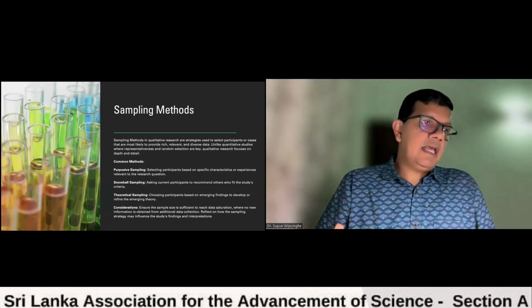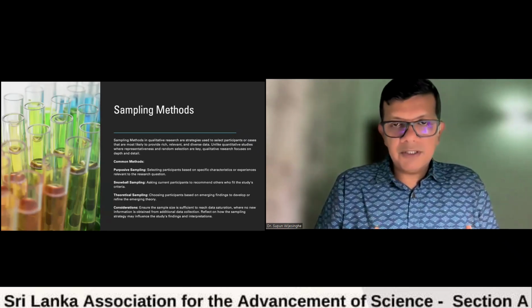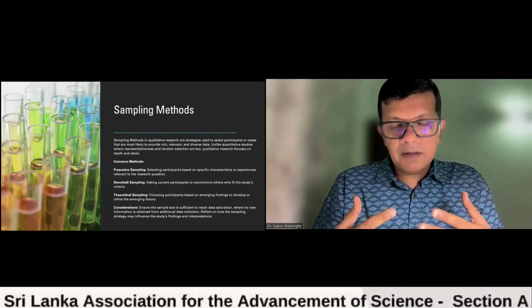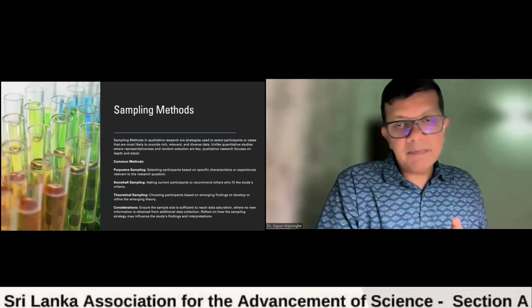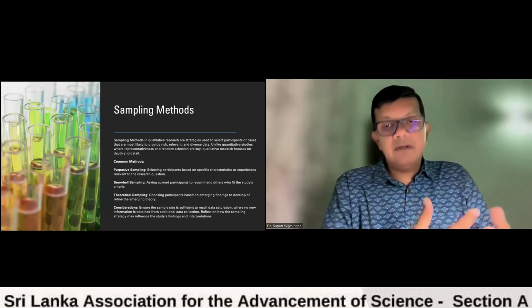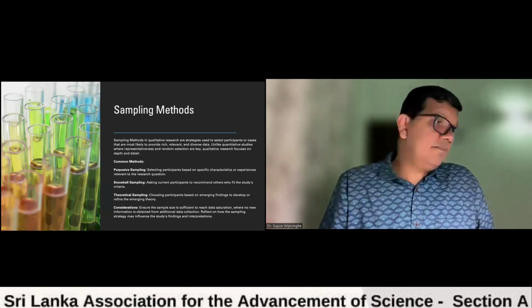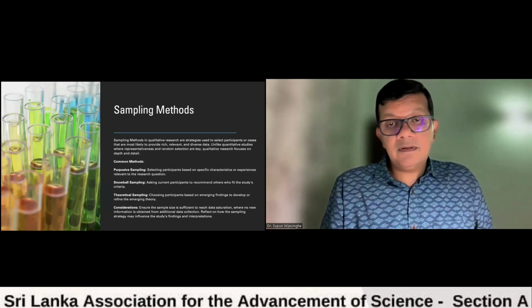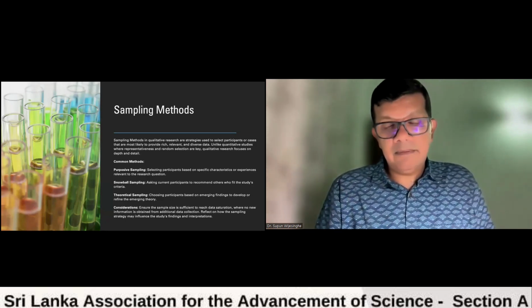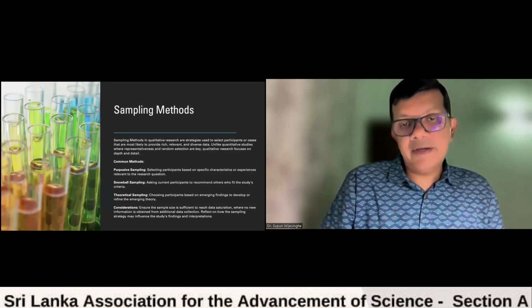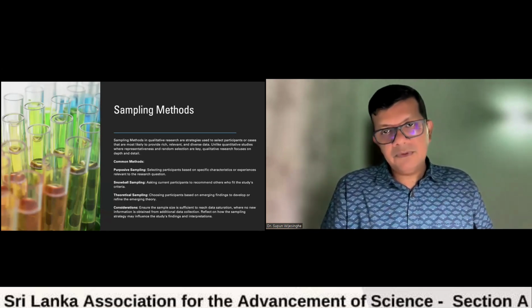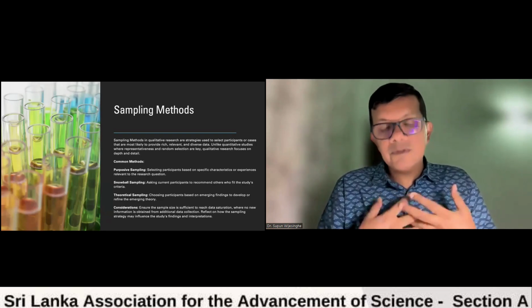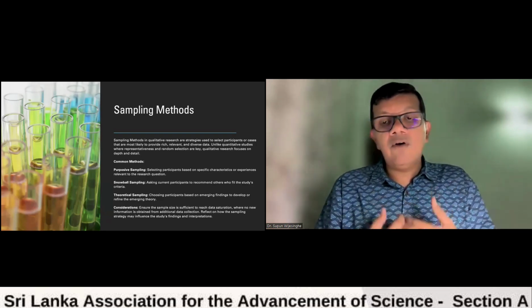Purposive in the sense it depends on what you are studying. If you are studying cardiovascular diseases, all the patients you select in the ward with cardiovascular disease can be considered as your sample. So it's non-random, purposive. You select people according to your area of need.